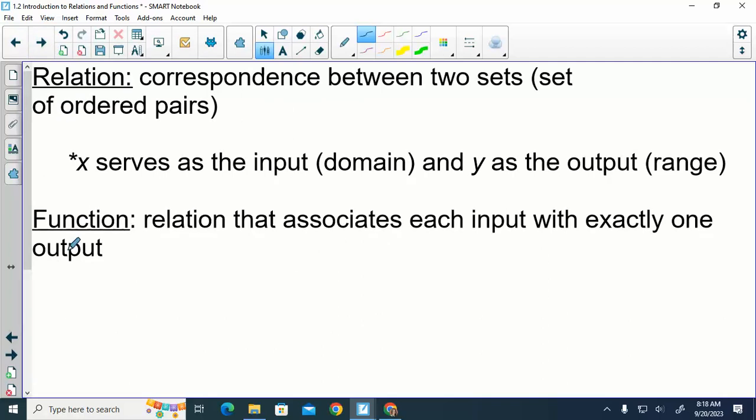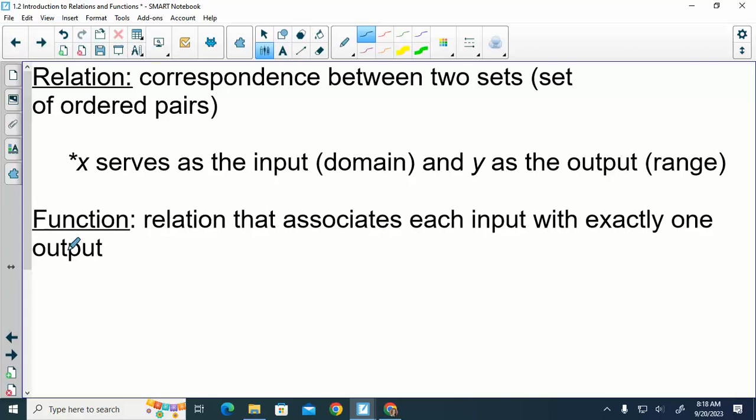So now functions and relations. A relation is just any correspondence between two sets. Typically, if you're in a math class, you're thinking sets of ordered pairs, and that's what we're looking at most often. But in a relation, there's no rules on that relationship. Just any correspondence, any set of ordered pairs would be a relation. We call the x the domain, the y the range.